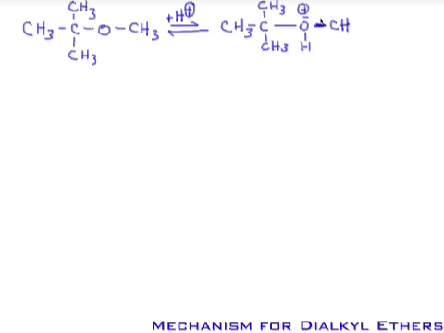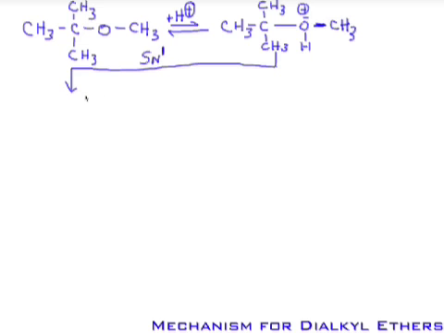Now, the protonated molecule, if attacked now by a nucleophile, will eliminate an alcohol as our leaving group. The question is, what happens first? Well, we could perhaps envisage the tert-butyl forming a carbocation, that is, SN1 occurring first.